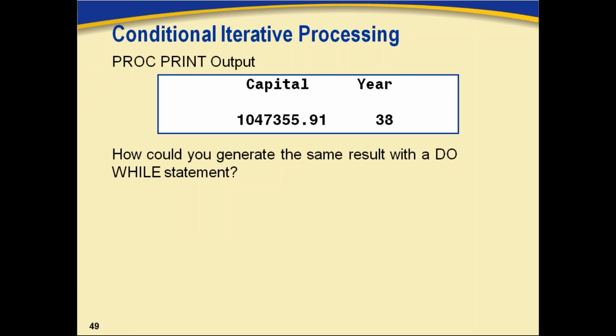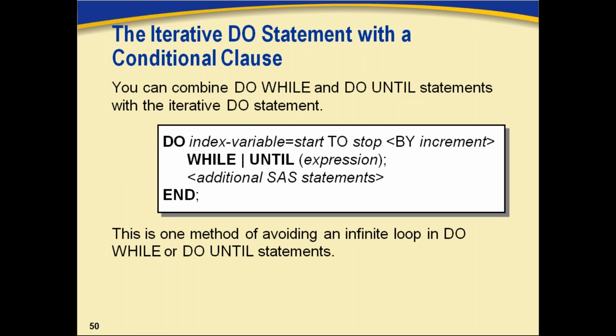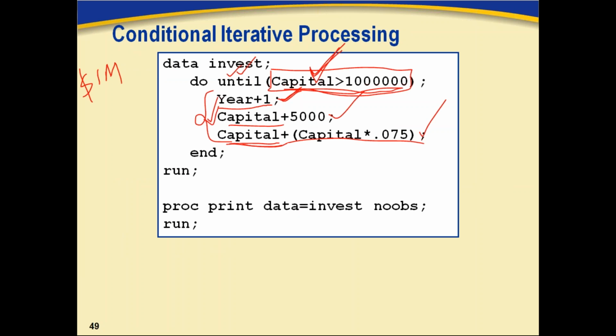So it took 38 years to exceed $1 million. This is what I want. So how? Let's see. Did you get this? What I'm trying to explain here is, I want to find the number of years it took to accumulate $1 million.